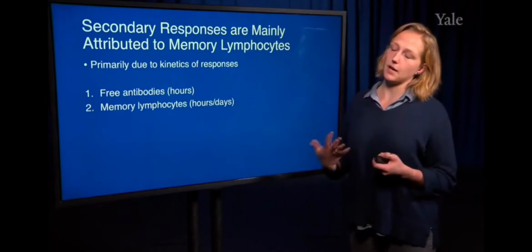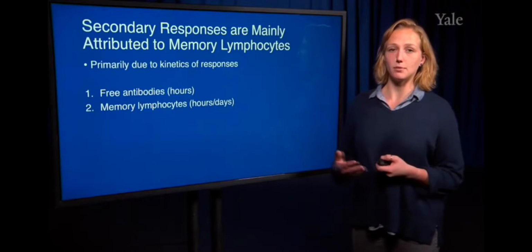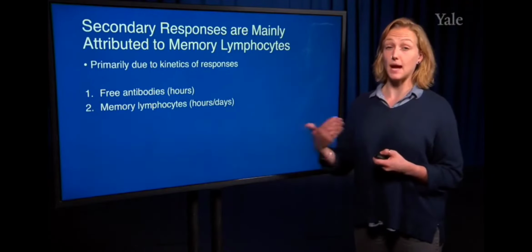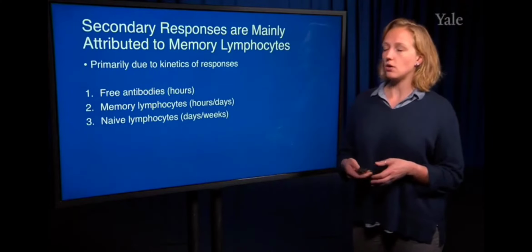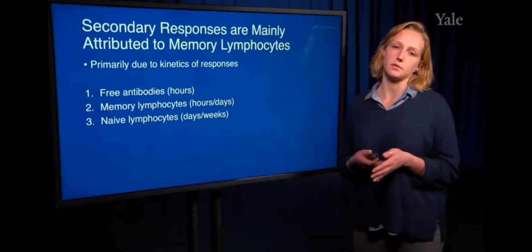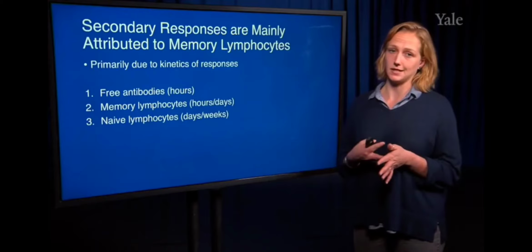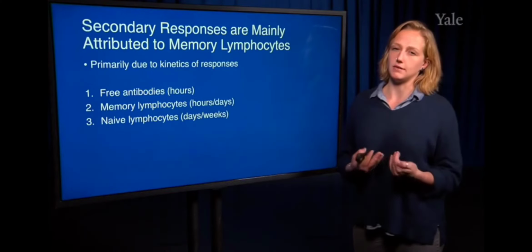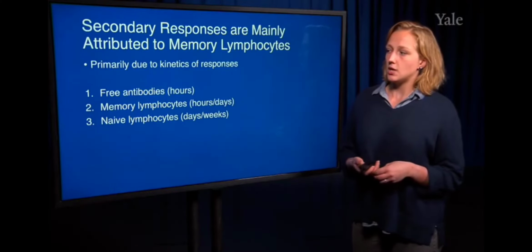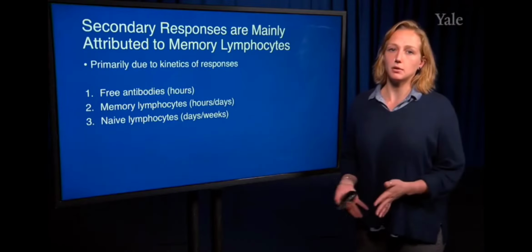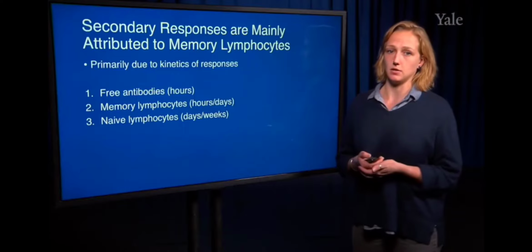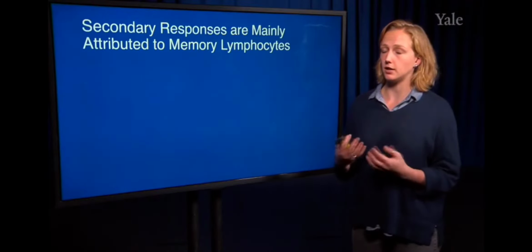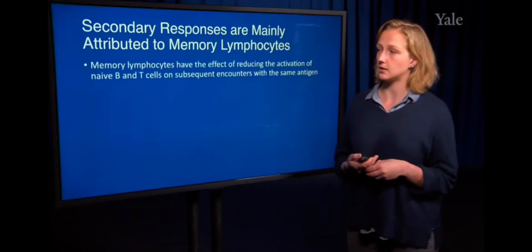Then, within a matter of hours or days, our memory lymphocytes are activated to rapidly respond against the invading pathogen. Only days or weeks after the infection are more naive lymphocytes activated. So our memory responses are the most active during the secondary response, and it takes a while for our naive lymphocytes to be reactivated.